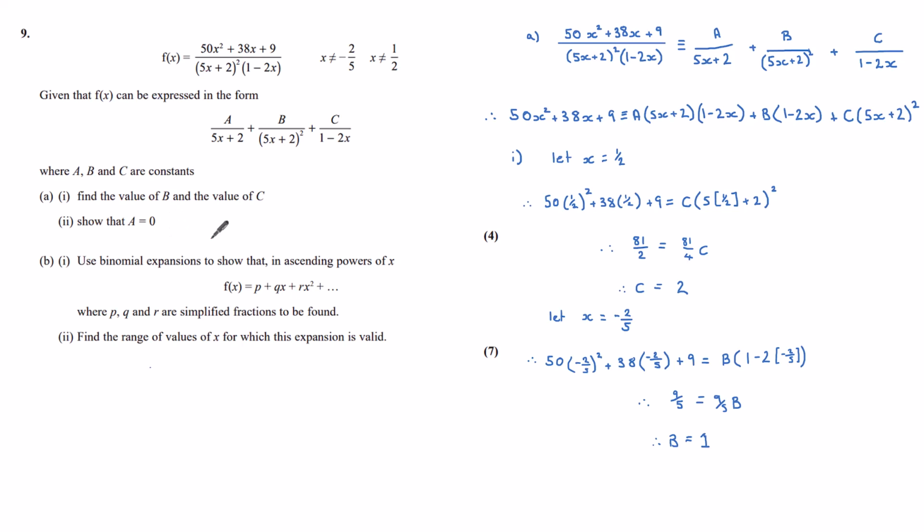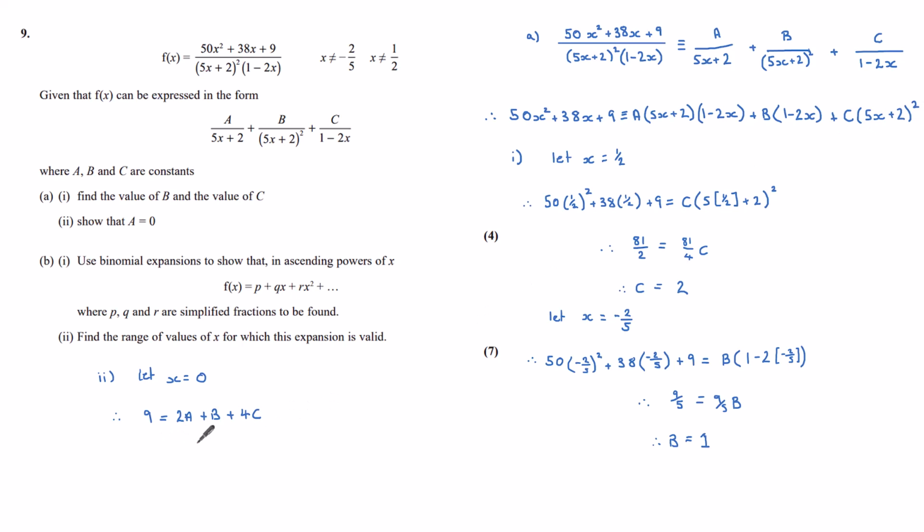If we want to show that a is equal to 0, another common substitution with partial fractions is to let x equal 0. So letting x equal 0, on the left hand side we simply have 9. On the right hand side, the 5x and the 2x disappear here, so we're simply left with 2 times 1 times a, so 2a plus b plus 2 squared times c.